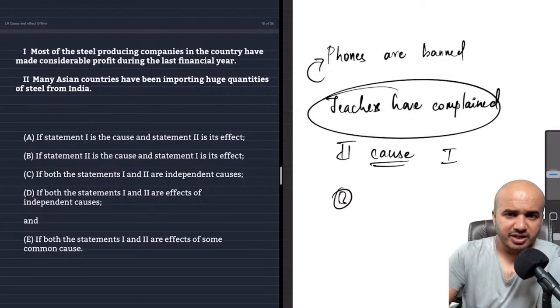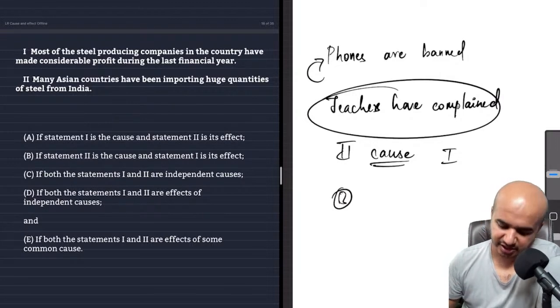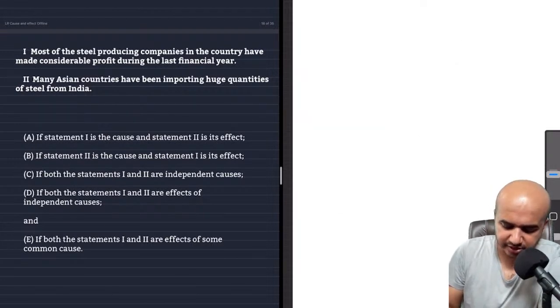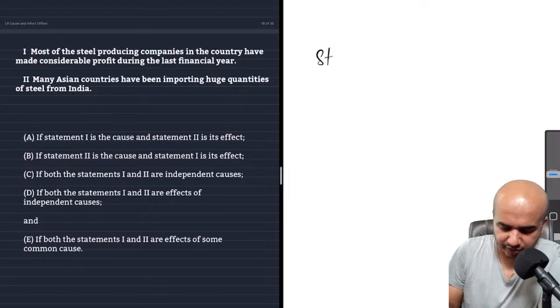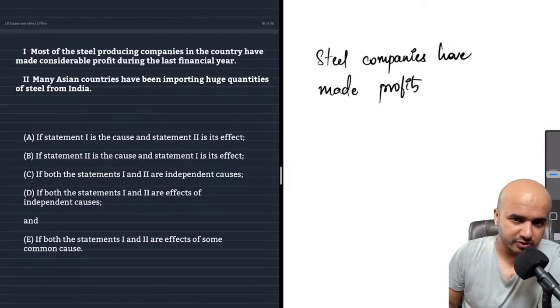Most of the steel producing companies in the country have made considerable profit during the last financial year. Okay. Steel companies have made profits. That is about statement 1. Statement 2 says many Asian countries have been importing huge quantities of steel from India.